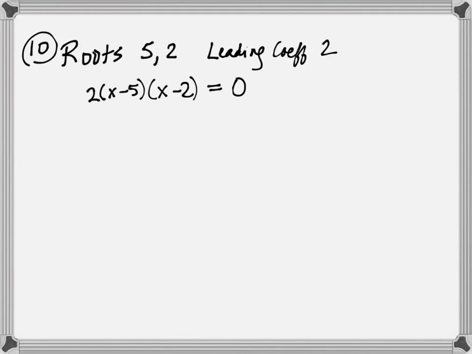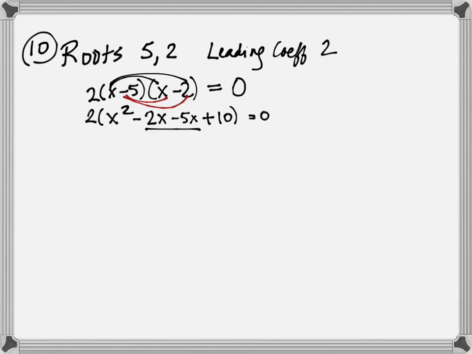Okay? So we're going to multiply things out. My x times my x would be x squared. And my x times my negative 2 is negative 2x. And we're going to do the negative 5 times x, which is negative 5x. And negative 5 times negative 2, which is 10. That should look familiar. We've actually seen that polynomial today. Equals 0.